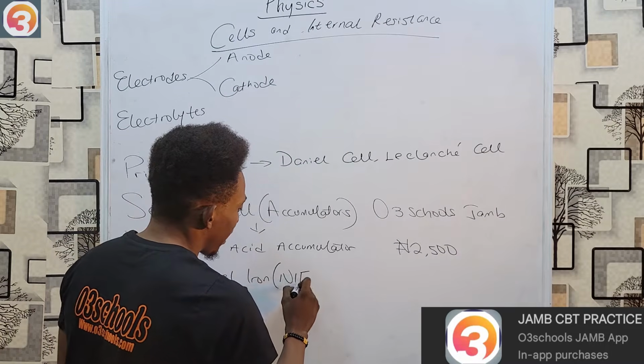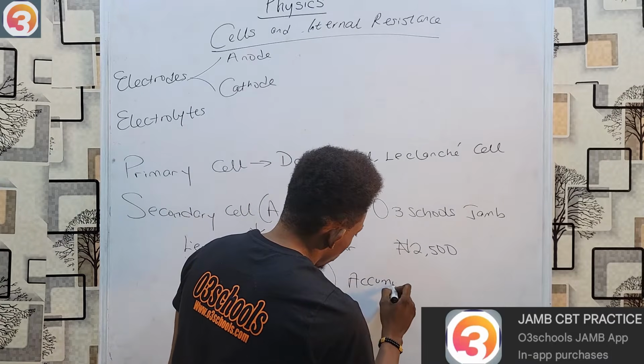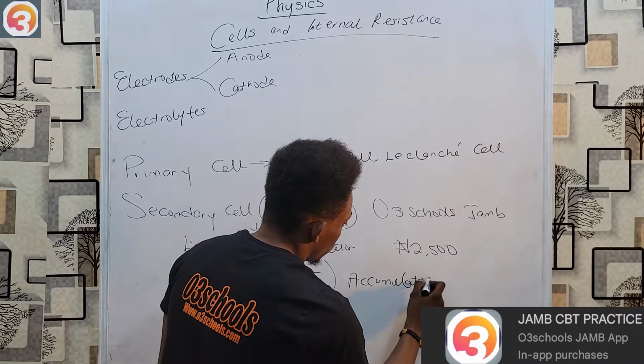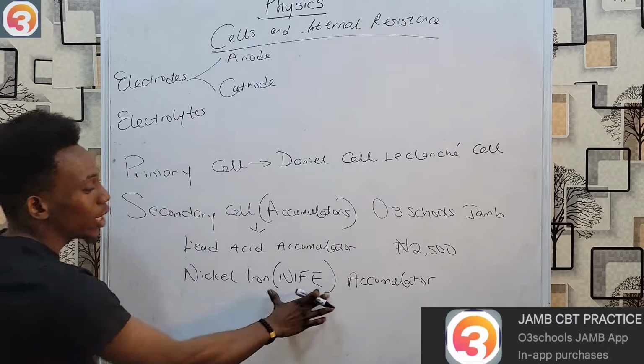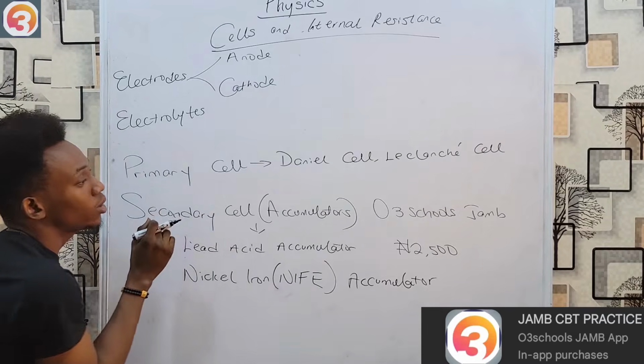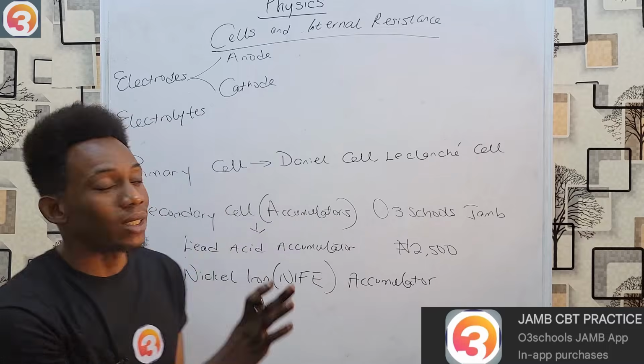This is usually known as the NiFe accumulator. So that's it: lead acid accumulator, nickel iron accumulator. While for the primary cell, there's the Daniell cell, the Leclanché cell, and there are dry and wet types.